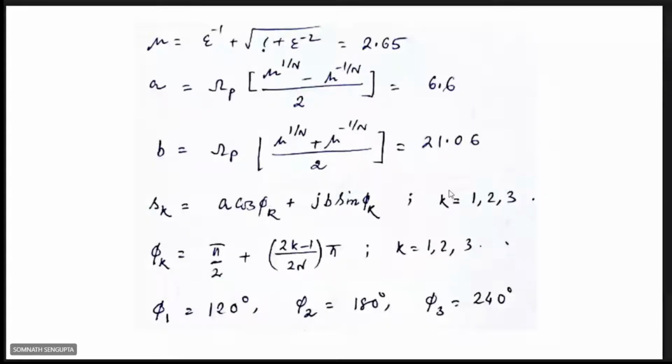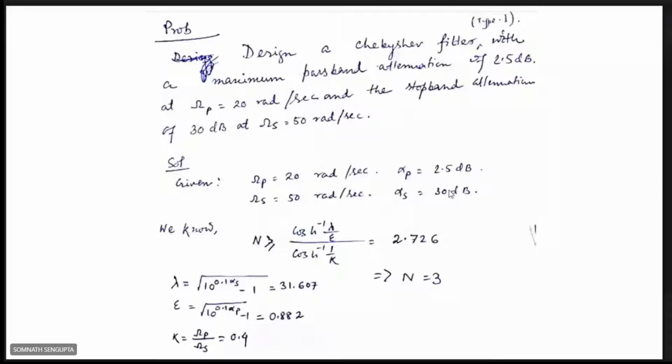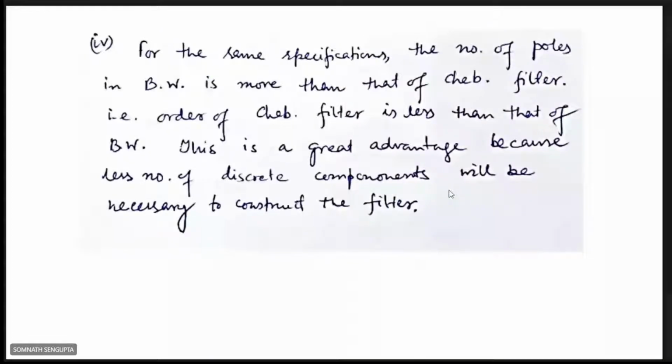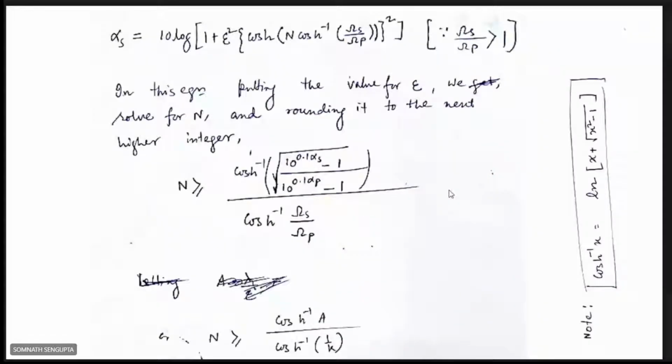Since it is a type 1 system, n is odd, so what is the value for omega equal to 0?